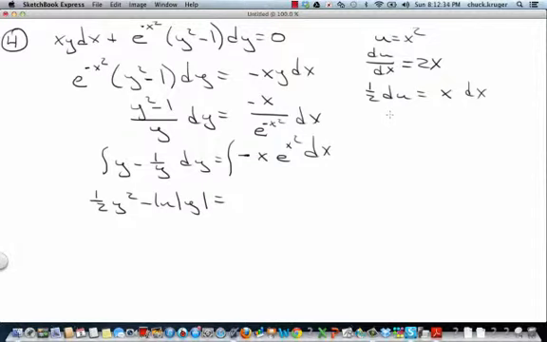I'm going to end up having a negative 1/2 e to the u du, and I'm going to end up having a negative 1/2 e to the x squared plus c. And so now I'm going to substitute. I can't get y by itself, so this is going to be my general solution.